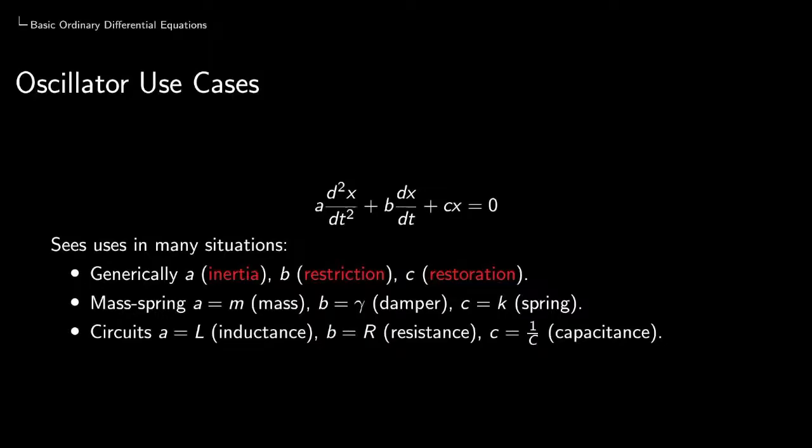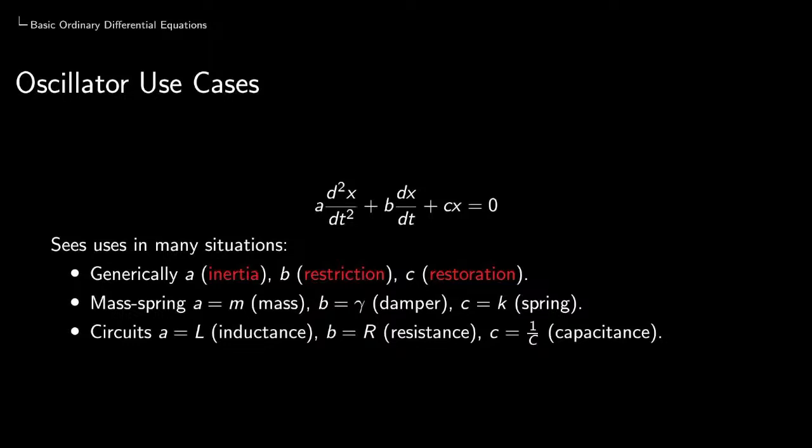There are some other terms for it as well. Zeta is another one I've seen, like you saw in the previous slide. That's the damper term. This can be achieved through air resistance or a dashpot damper or some other friction within a mechanical system. And then C is typically the spring force.